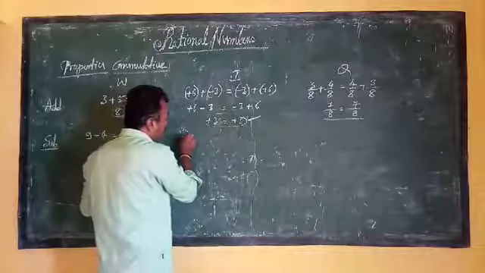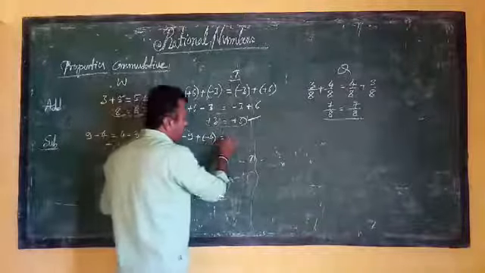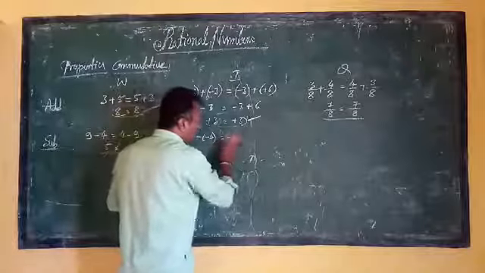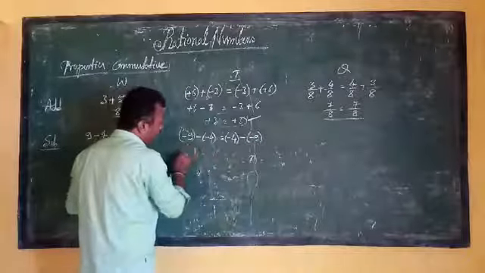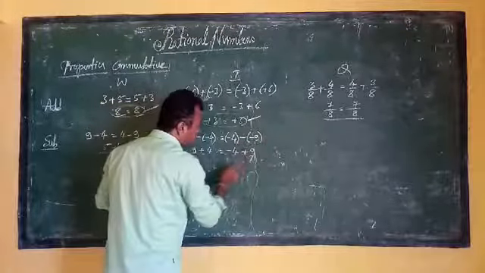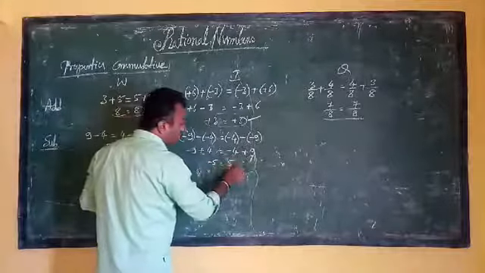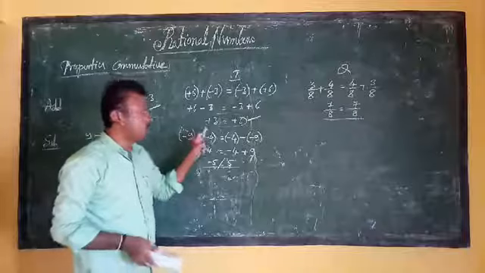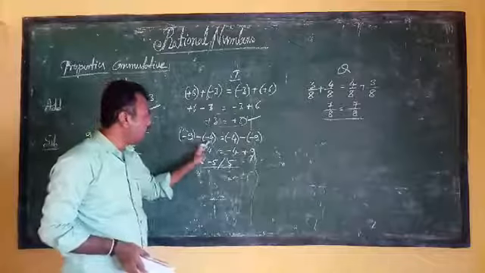Integers. See here, minus 9 minus of 4 is equal to, firstly, minus 4 you have to write first, and minus of minus 9.